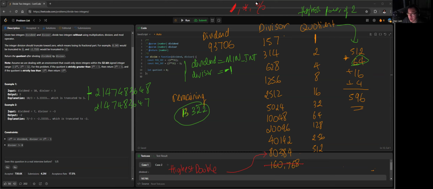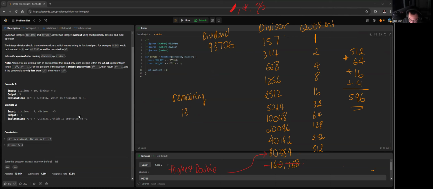In that case, we have integer overflow. And as mentioned by the instruction, if we have anything greater than the upper bound, we cannot return this number. We need to return the max int if we have overflow. So that is the one edge case that we need to remember.